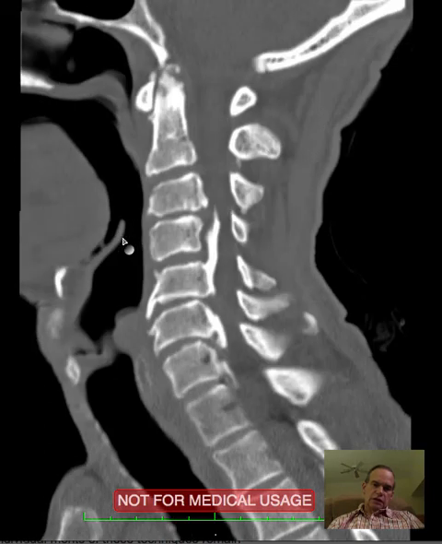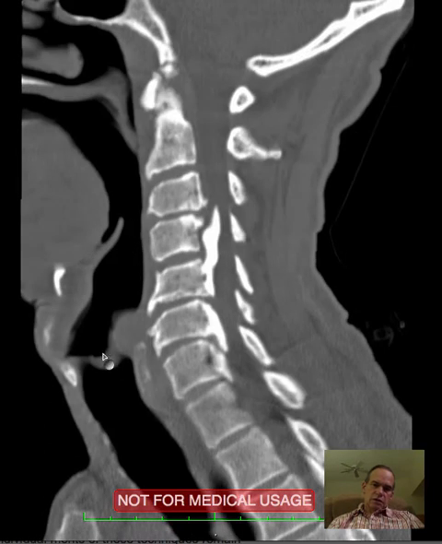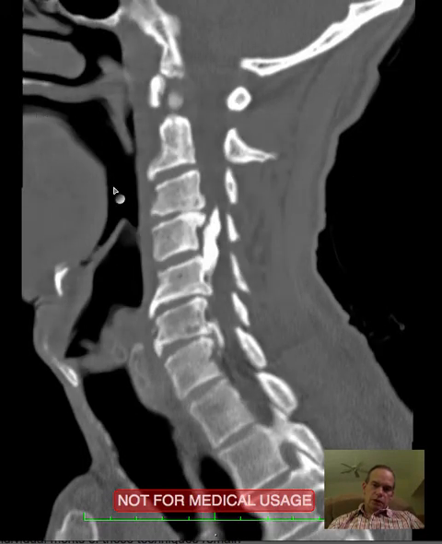Here's the epiglottis. Here's the vocal cords. Here's the tongue base. Here's the uvula, the midline flippy thing in the back of your throat when you yodel or otherwise open your mouth and vocalize. You see that very clearly depicted.